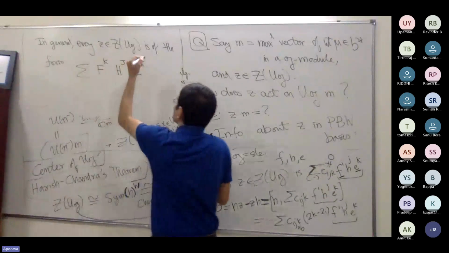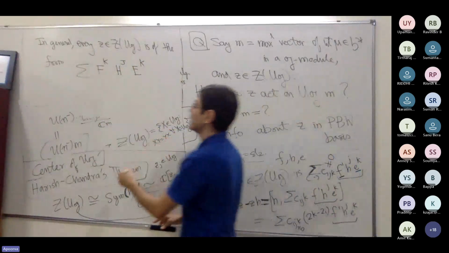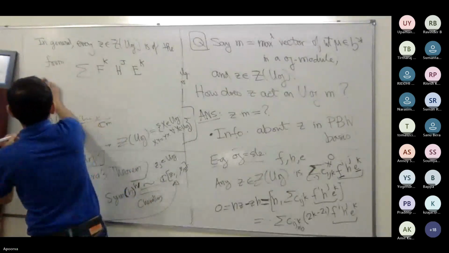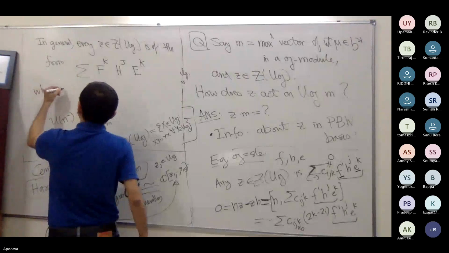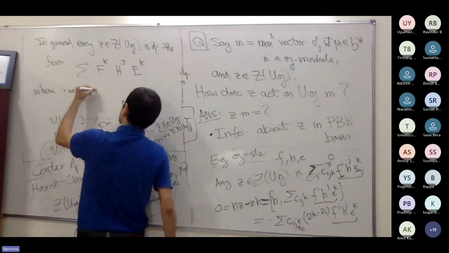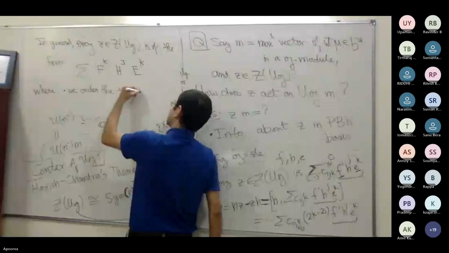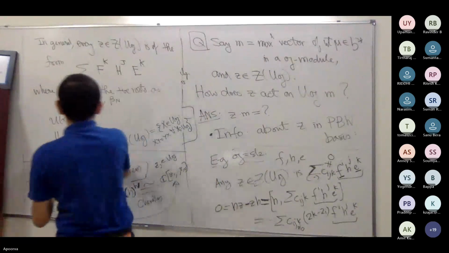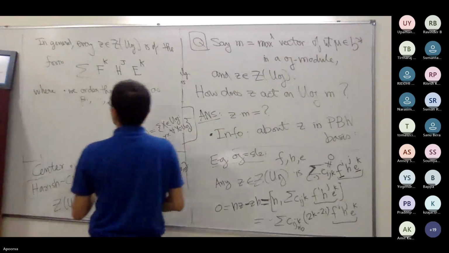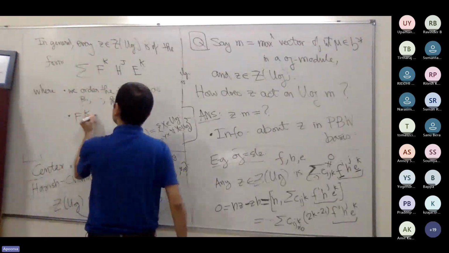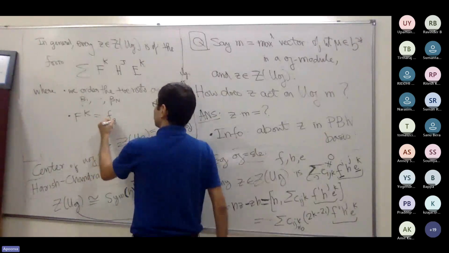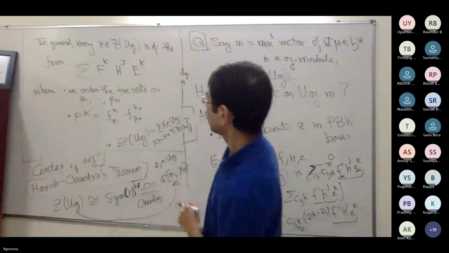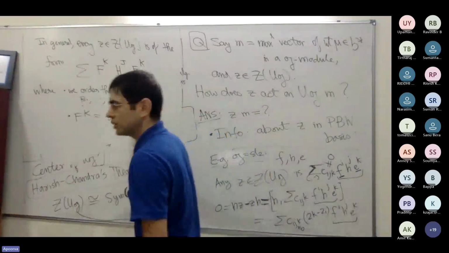So we order the positive roots as say beta 1 through beta n, and then you write F_k is the word F_beta1 to the k1 through F_beta n to the kn. Do I want the reverse order or the same order?